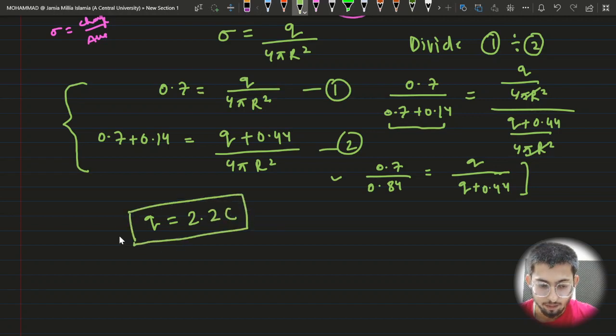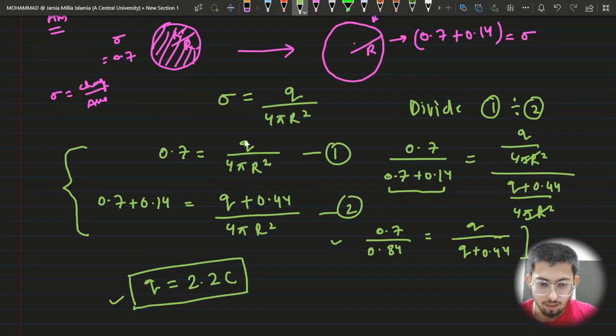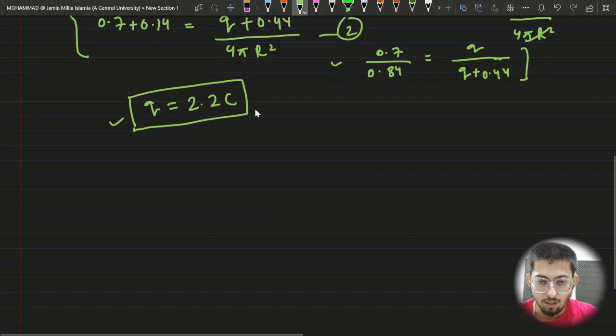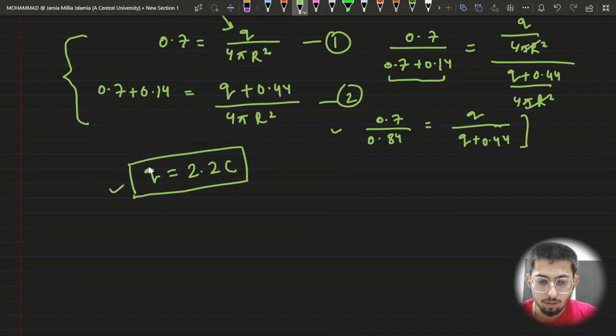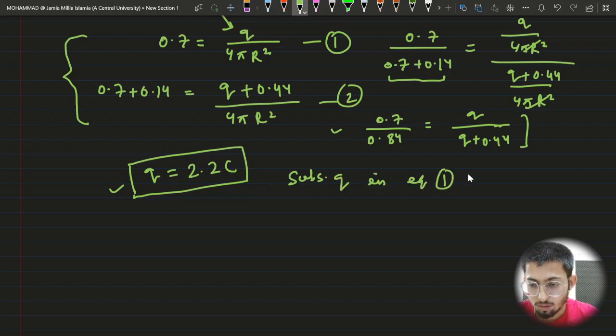What is this q? This is the initial charge, when the density was 0.7. So we have got the initial charge. We have not got the radius, so what you can do is substitute q in equation 1 and find r. So 0.7 is equal to 2.2 upon 4 pi r square.